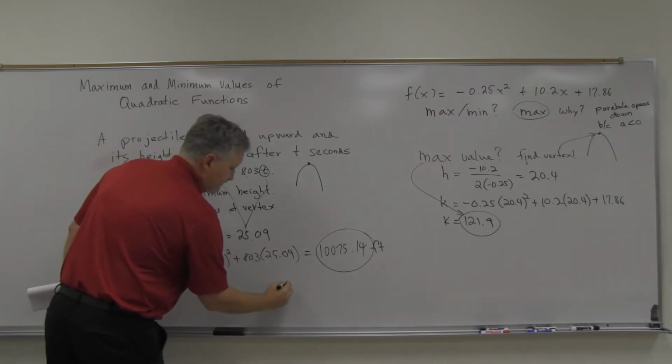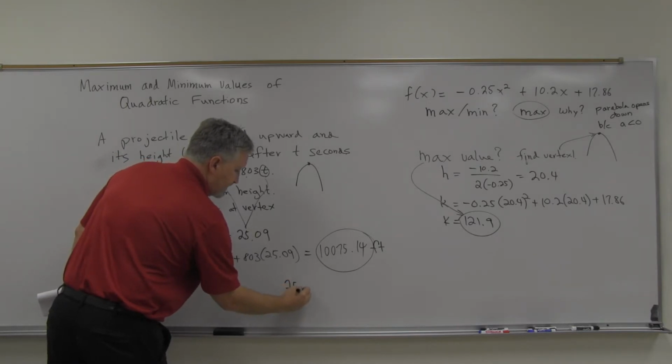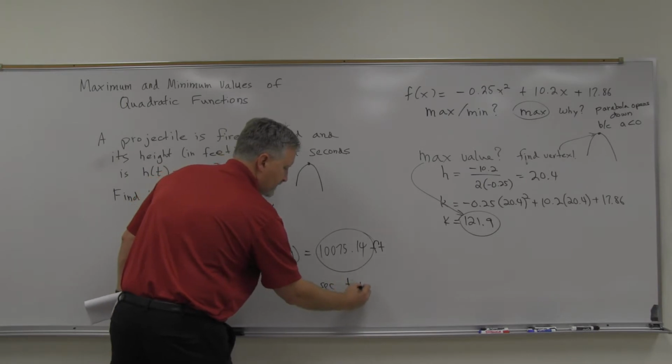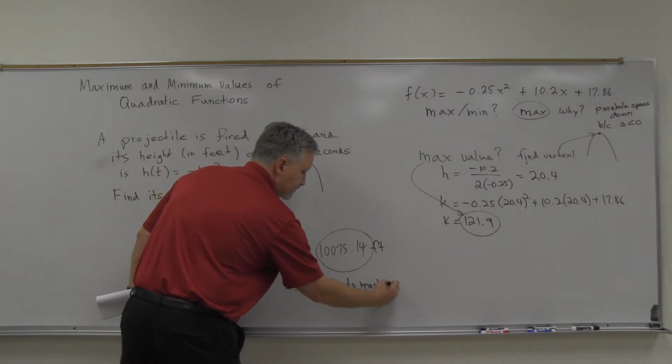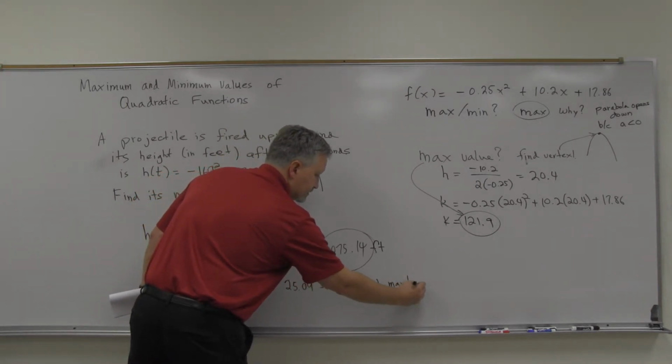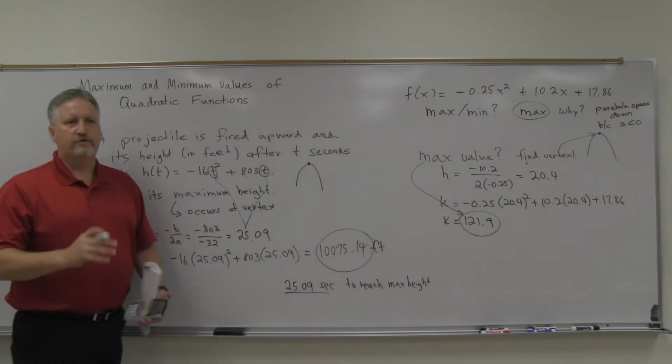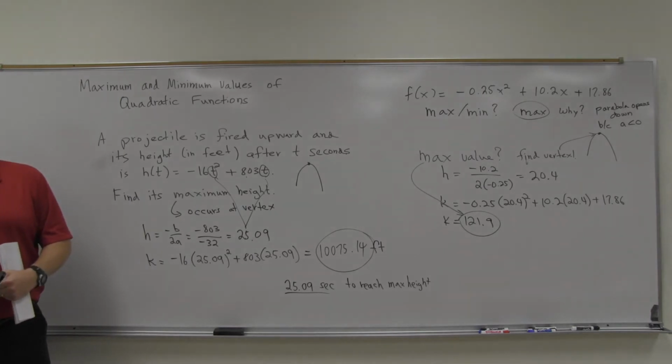So the 25.09 would be the seconds it would take to reach the maximum height. You wanted to interpret that, okay? So it takes a little over 25 seconds to reach that maximum height, and then it starts coming back down.